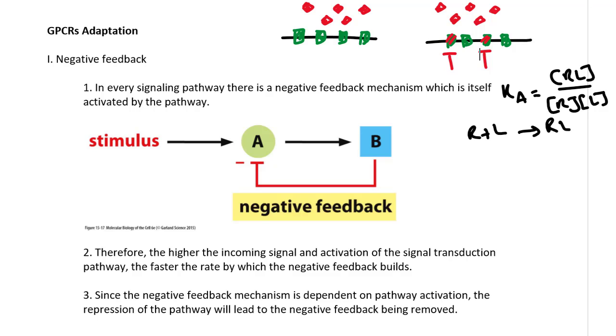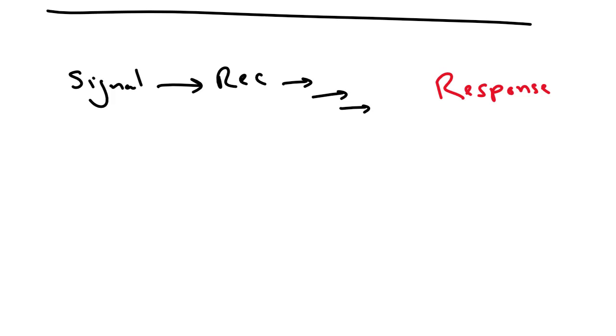And this is important because for some responses, you don't want the response to persist even though the signal is still there. So if we have a signal coming into the cell that is persistent, that is not going away, and we have activation of a receptor, which leads to an activation of a signal transduction pathway, which leads to a specific response, within that response, there could be included a negative feedback on the receptor.